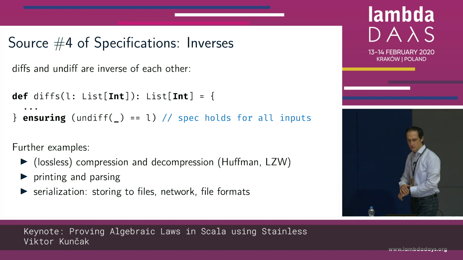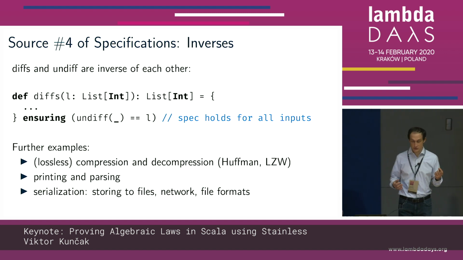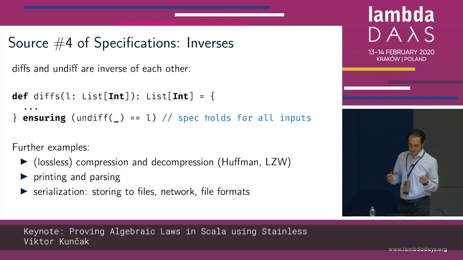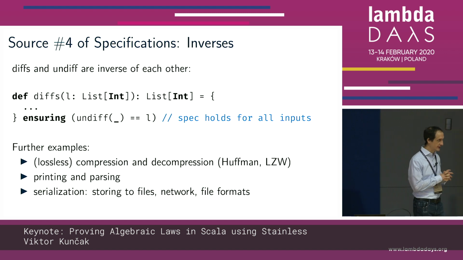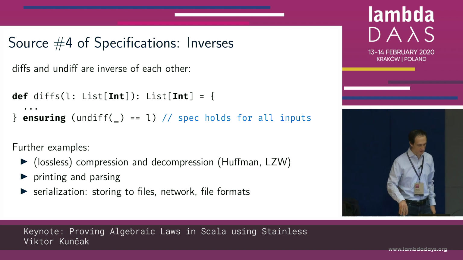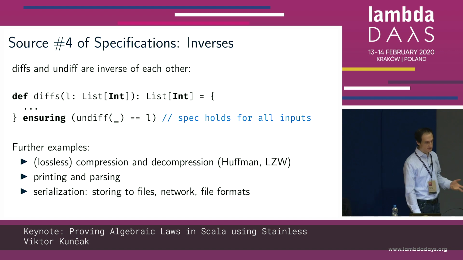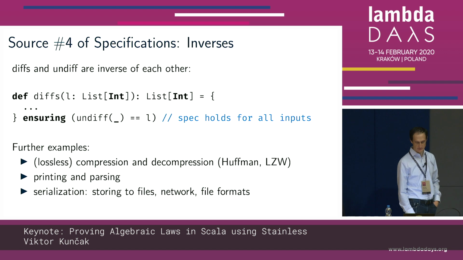OK, so let's now point out that we've seen already another natural source of specifications, which does require us to occasionally write some extra functions, but sometimes these functions are also available because we want to use them in our code itself. And this is the situation where we have inverse functions. So we have seen that diffs and undiff are inverse to each other, so we can use undiff to specify diffs, or conversely.